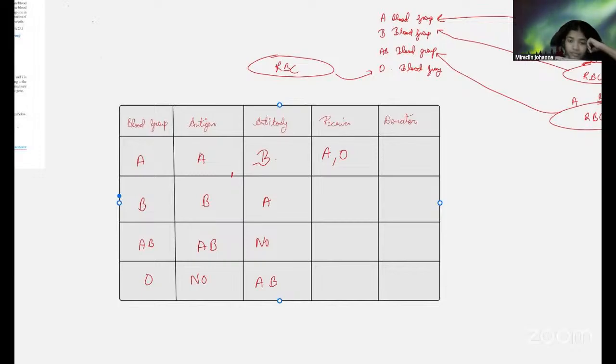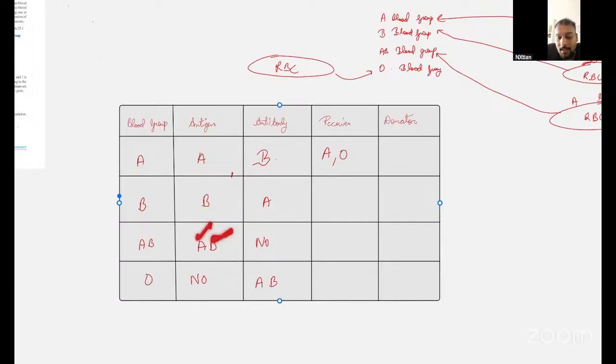Now, for example, a person who has B blood group got an accident. From whom can he receive blood? Can group A also receive blood from AB? AB blood group has antigen A as well as B. Now B is the antigen which will fight with the B antibody, and it will die.